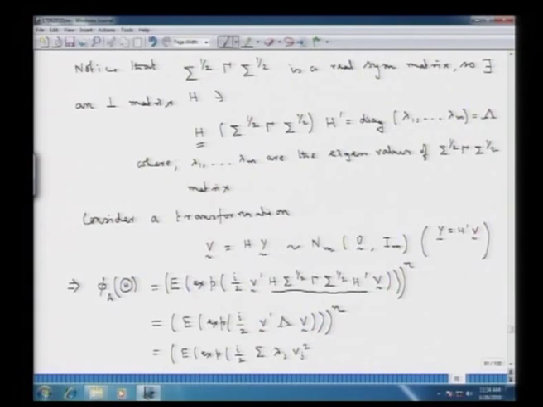What are these V j's? This j is equal to 1 up to m, that is the order of this V vector. This V vector is m by 1, and hence the elements are V1, V2, Vm, and these are the squares of those entries. So, we will have this to be equal to this. Now, what is special about these V i entries?